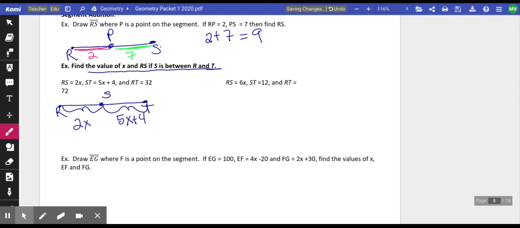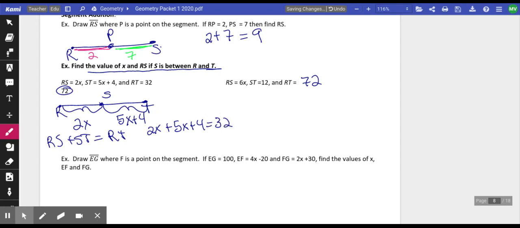And then RT is 32. This 72 actually goes over here with the next problem. Sorry about that. So that means that RS plus ST equals RT. Each part added together equals the whole. So my algebraic equation is 2x plus 5x plus 4 equals 32. And now we need to solve that.